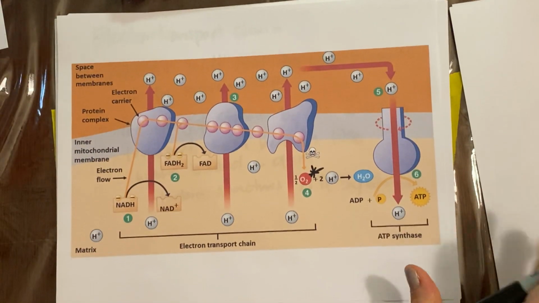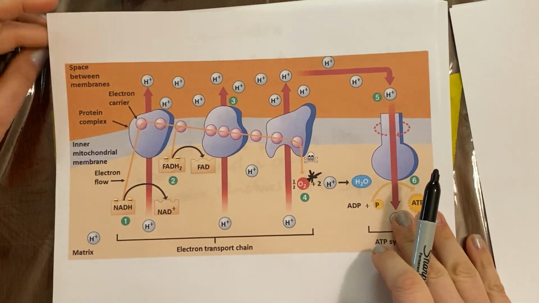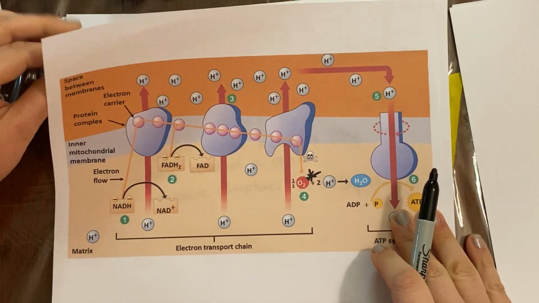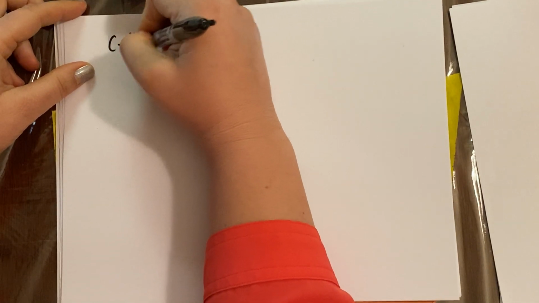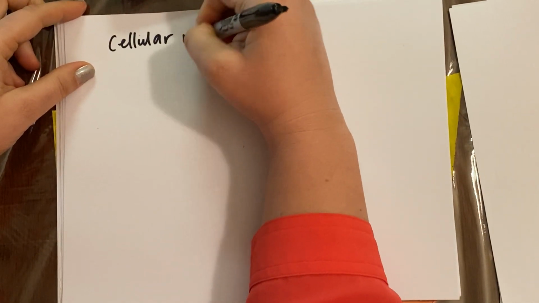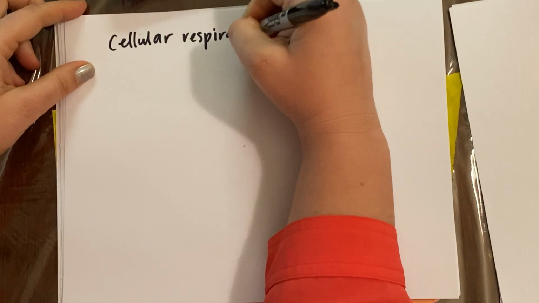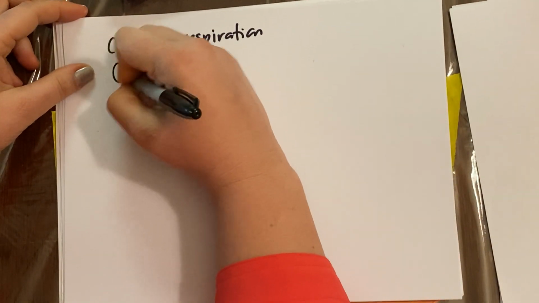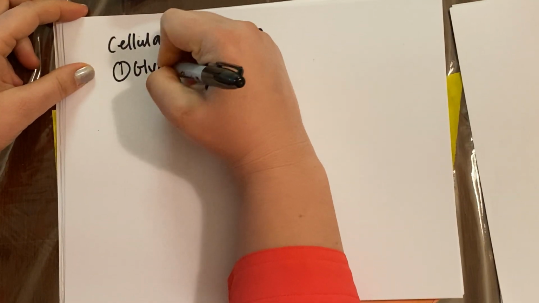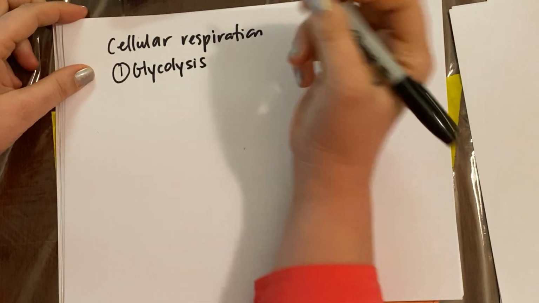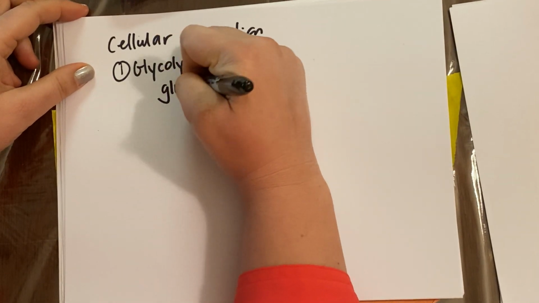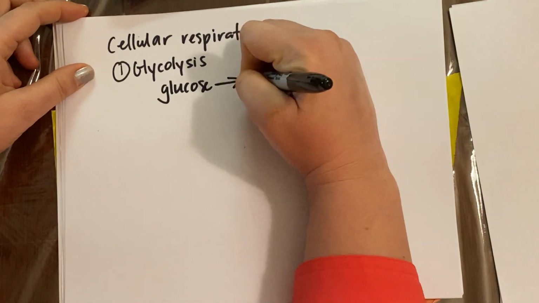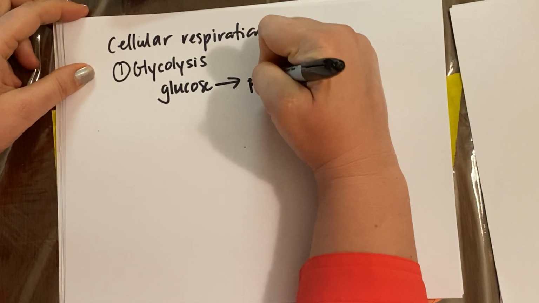All right, so that's kind of the overview of cellular respiration. Okay, so I want you to just remember, so cellular respiration. Okay, so we start with glycolysis. We put in glucose. We make pyruvic acid.